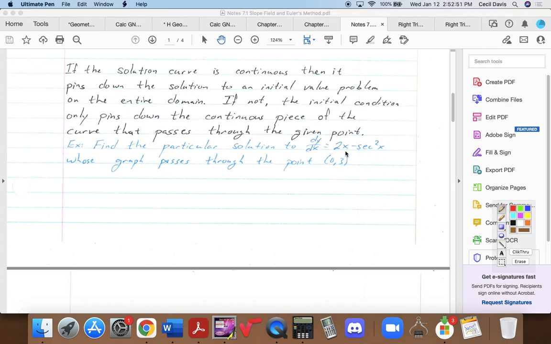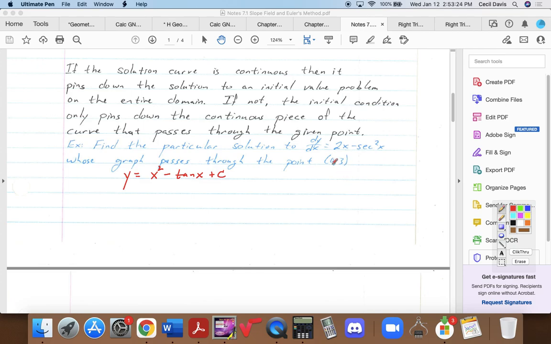So if dy dx is equal to 2x minus secant squared x, taking the antiderivatives, y is going to be equal to what? x squared minus tangent of x, right, plus a constant. That's not a continuous function because tangent is not continuous at all values of x. So what we're going to do is we're still going to find c, but then we're going to add on a restriction.